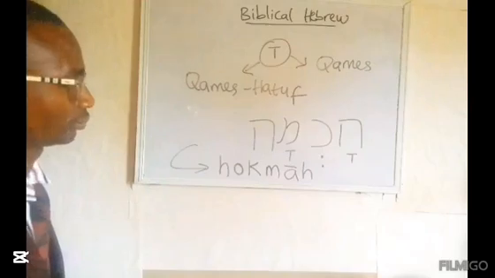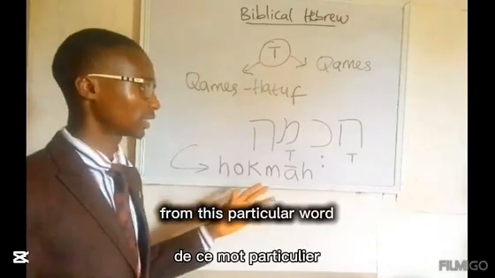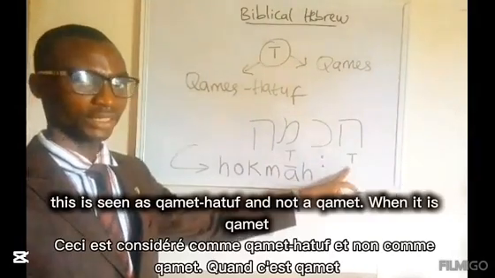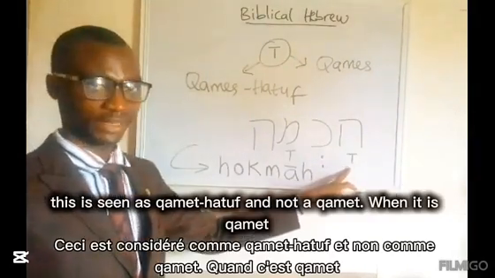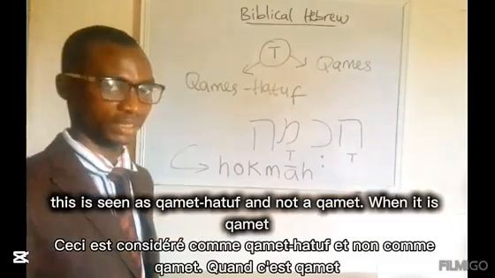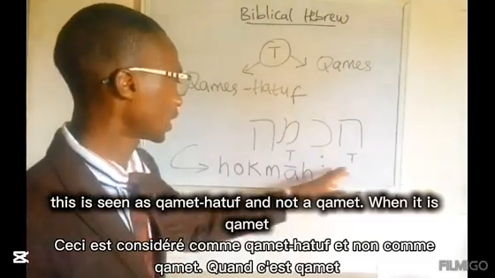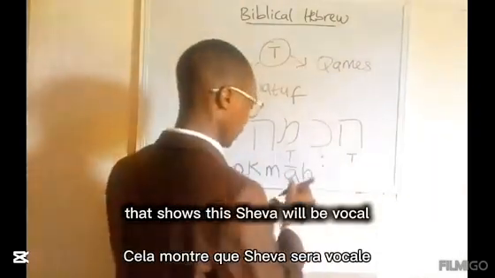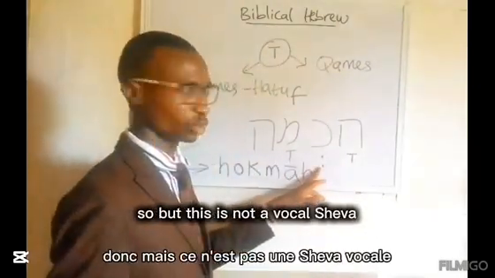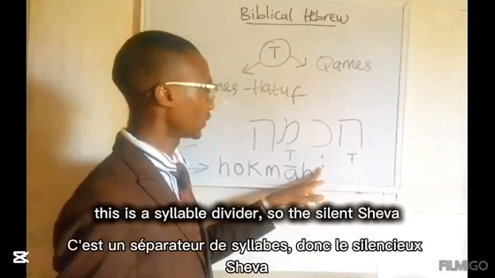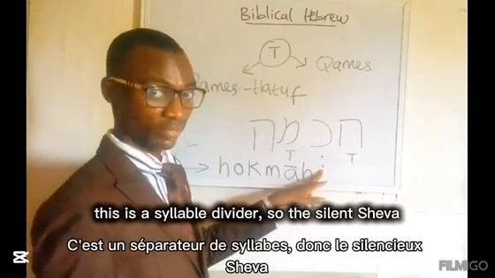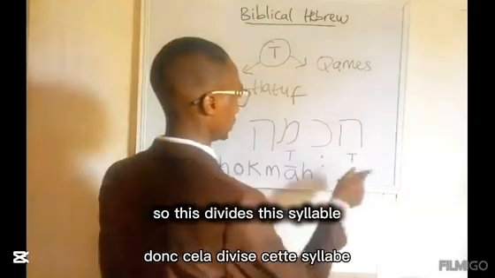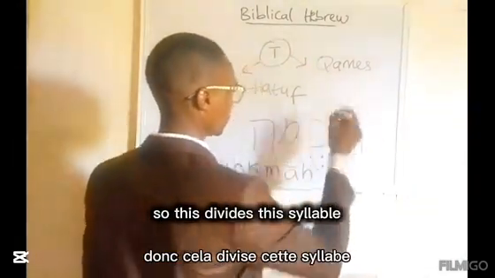Now, from this particular word, this is seen as Qamet-hatuf and not Qamet. When it is Qamet, that shows this Sheva will be a vocal Sheva. But this is not a vocal Sheva. This is a syllable divider. So that's a silent Sheva. So this divides this syllable.